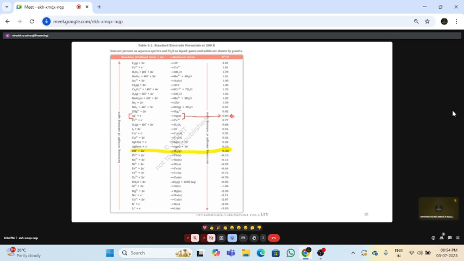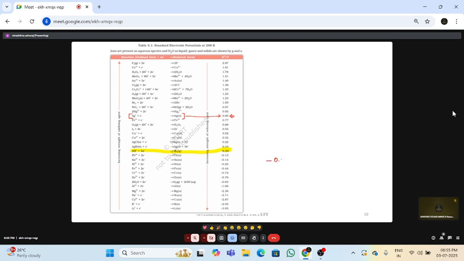Right, Kanna? As I told you already, a few metals will have positive value, few metals will have negative value. Could you please tell me the reduction potential of chromium? What is the reduction potential of chromium? 0.74. Yes. Is it positive or negative? Negative.